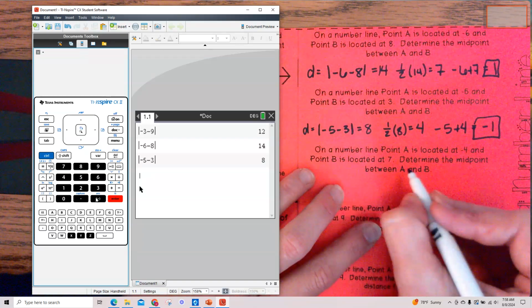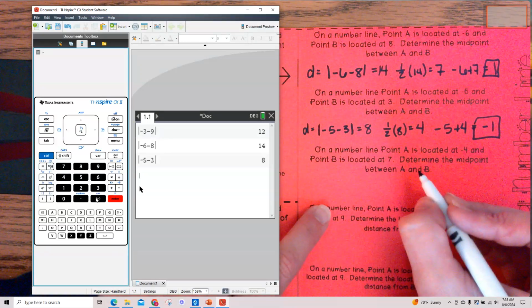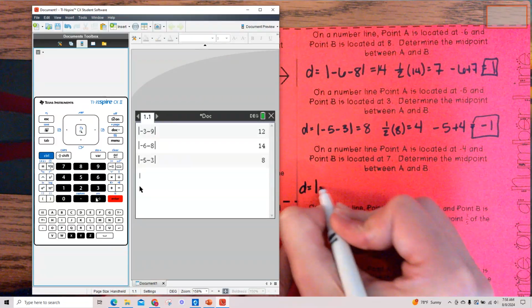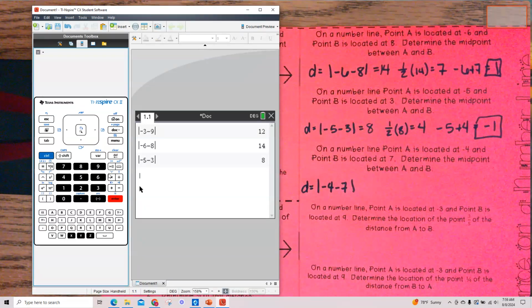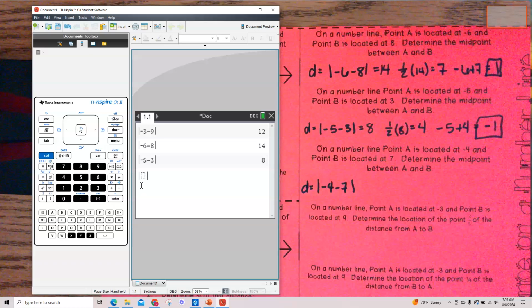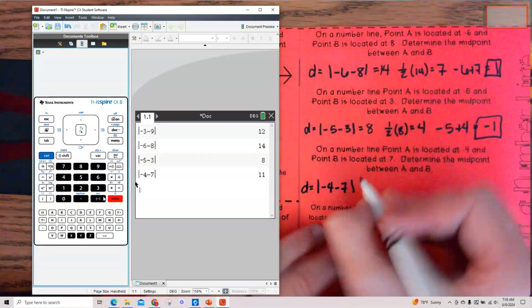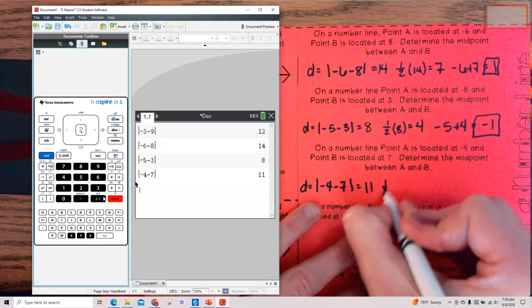Okay, on a number line, point A is located at -4 and point B is located at 7. Determine the midpoint. So we do the distance first, the absolute value. -4 minus 7. Absolute value would be 11. Now this time, half of 11 is not pretty.